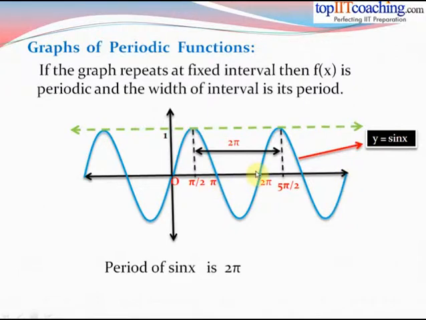Now we see that after 2 pi, when x is greater than 2 pi, it repeats itself, that is at x equal to 5 pi by 2, the value of function is equal to 1, which is the same as at x equal to pi by 2. So this is the period of y equal to sin x. Now this is equal to 5 pi by 2 minus pi by 2 and that is equal to 2 pi. Thus we can clearly see that the period of sin x is 2 pi.